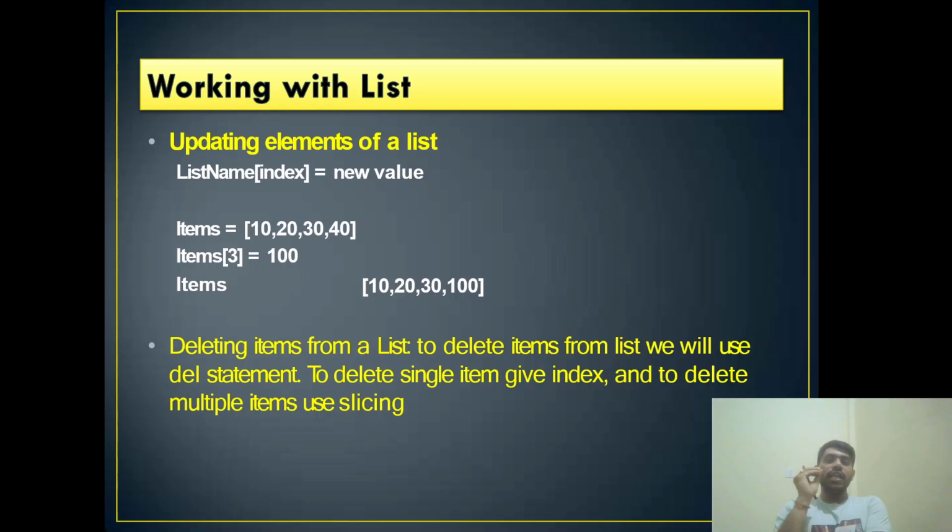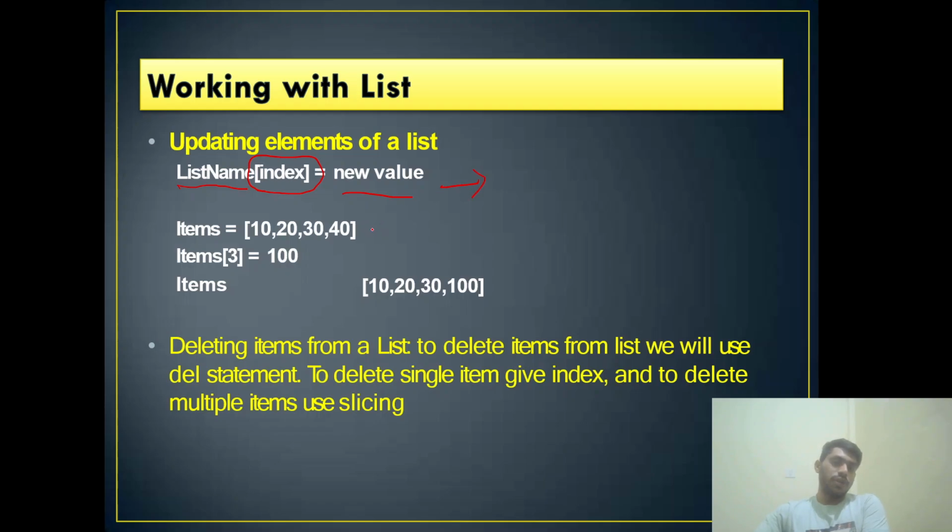Now, updating an element of a list. How can we update any element in the list? You can see here, write the list name, the index value, which index you want, then the new value you want to update.